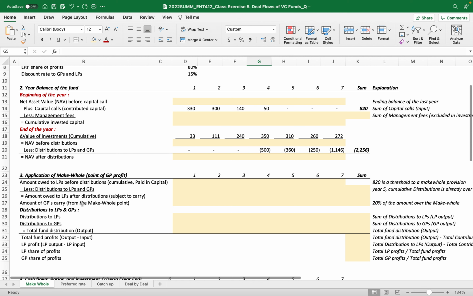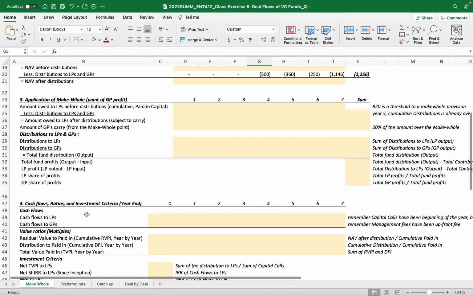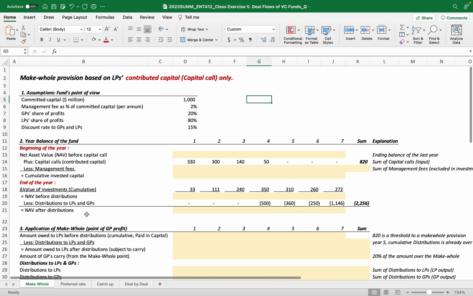And then the application and make-whole, when is the point the GP profit share started, right? And then finally, cash flows and ratios, investment criteria, so that we can see some of the performance measures here, right?